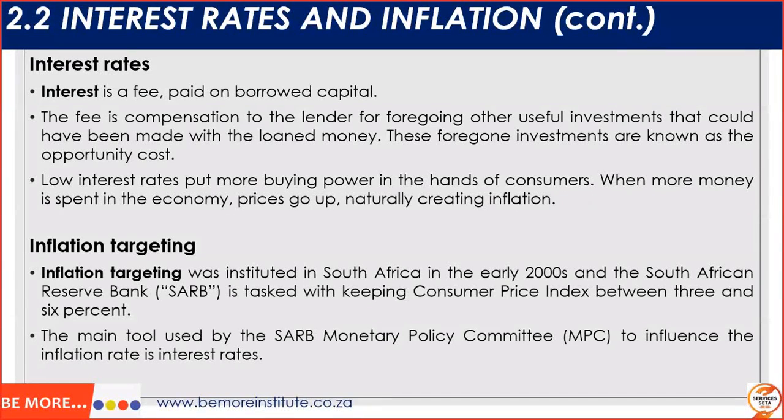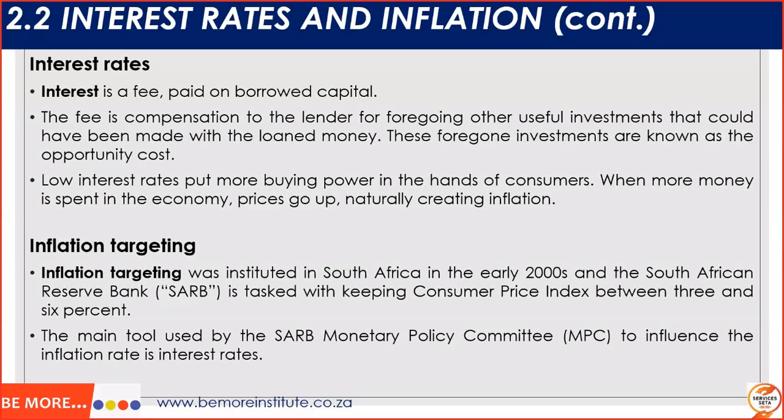The Monetary Policy Committee in the Reserve Bank is the team responsible for this exercise of managing, and this concept is called inflation targeting. Basically, we use interest rates to manage and influence the inflation rate in our country.